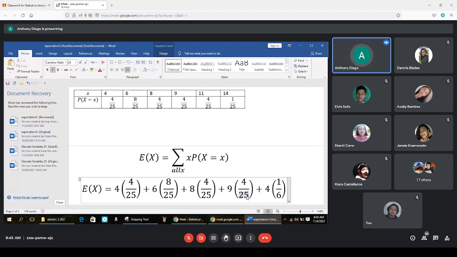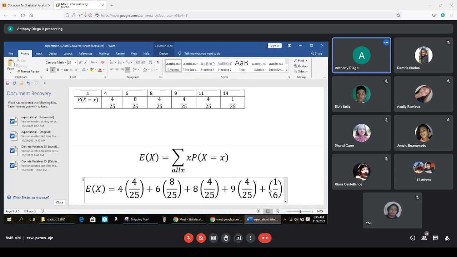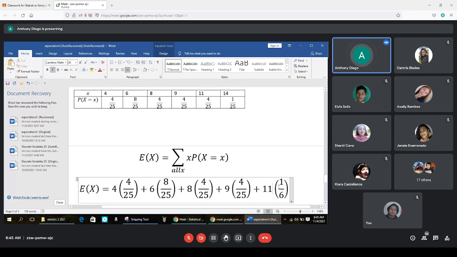And the other will be 11 times 4 out of 25.